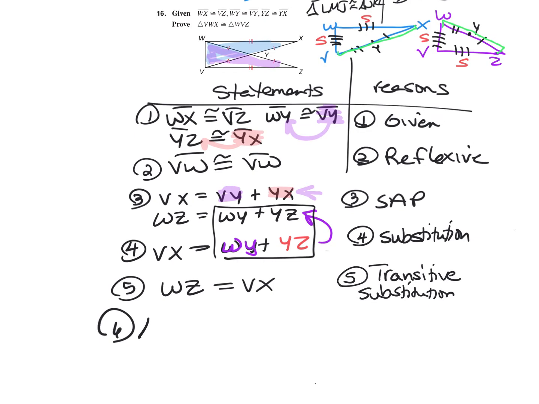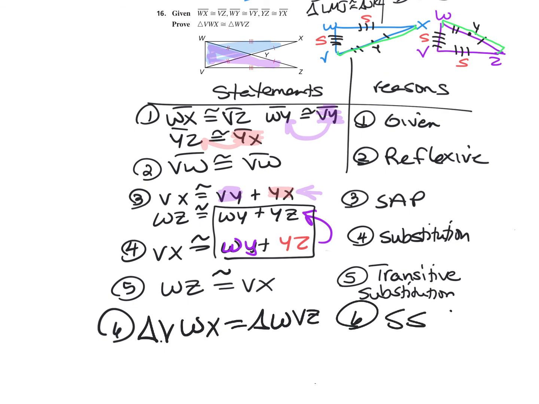So my next statement, and again, I would have just kept this as a congruence throughout, and then you don't have to put in that extra step of definition of congruent segments. VWX is congruent to WVZ, and this would have been side, side, side.